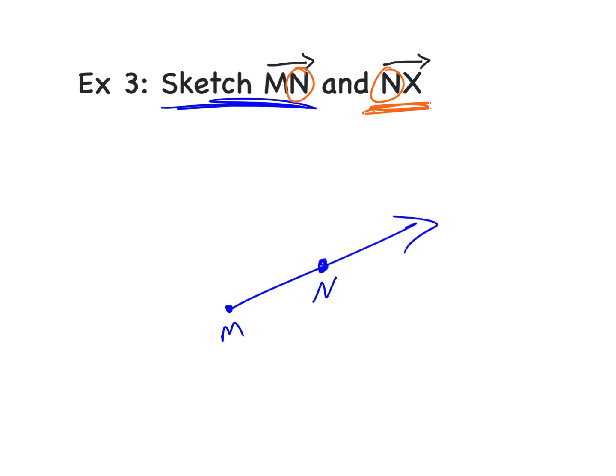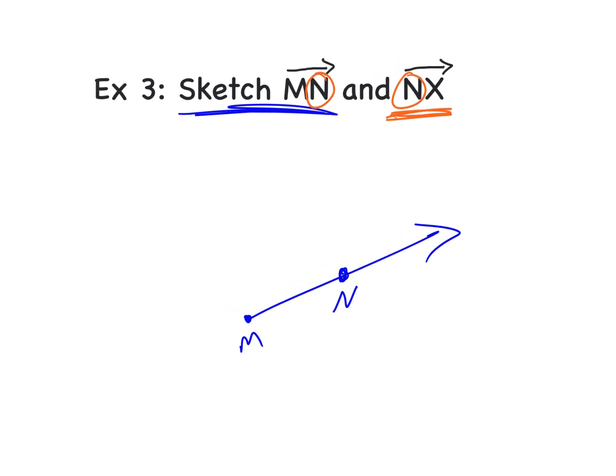So don't draw another ray with a point N on it and another point N. There can only be one point N on there. So you can start from there and go somewhere else. Exactly. Since they have to share a point, and notice on ray NX, that's our starting point, right? So that means I need to start at point N and just go another direction and draw a ray.